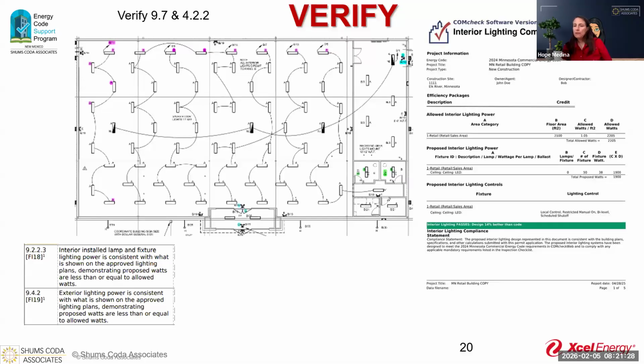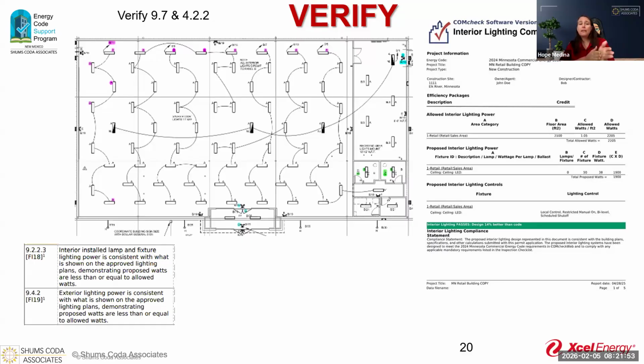Obviously, you want to ensure that whatever you have documented matches. And in this particular instance, the wattage is 38 watts. They were allowed 2205. They're only using 1900. If I'm already writing up review comments, I would say, hey, by the way, your interior lighting compliance certificate doesn't match the number of lights that are shown on plans, correlate the information accordingly.